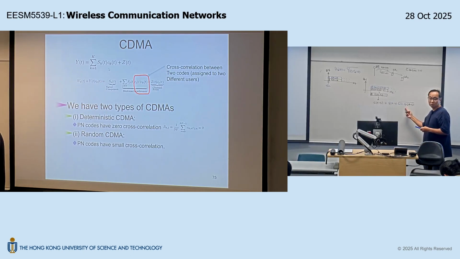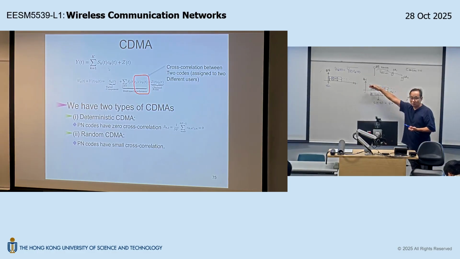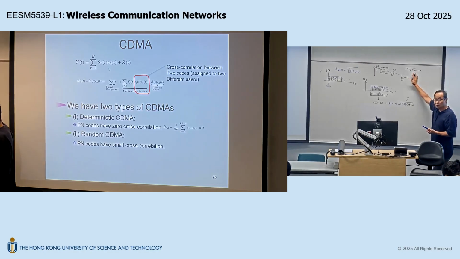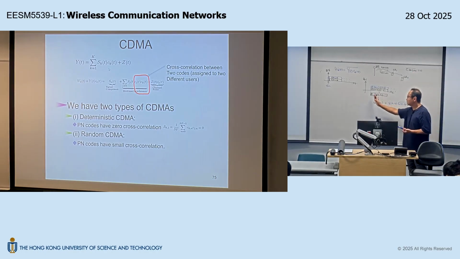And this term is just the cross correlation, right, with 0 offset. And this, by design, is 0. Is that okay? So because of that, after despreading at UE1, you will only get the good term, and the interference term for the second user will be gone due to this orthogonal sequence design, and due to the fact that you can maintain the synchronous despreading timing.